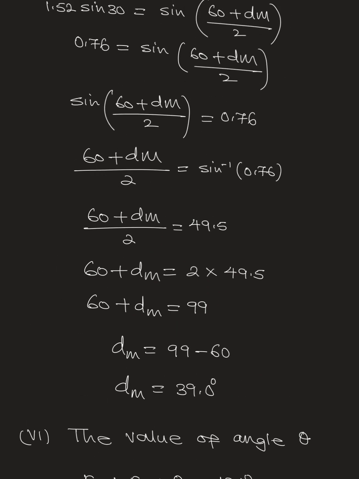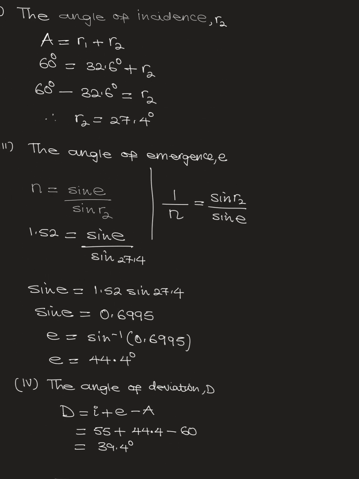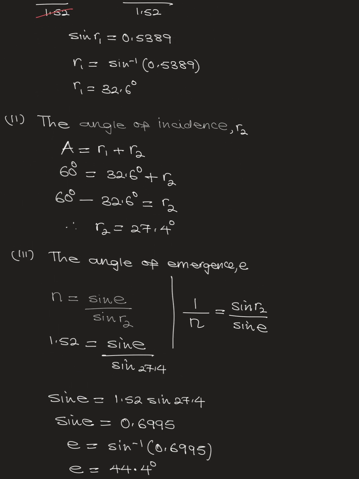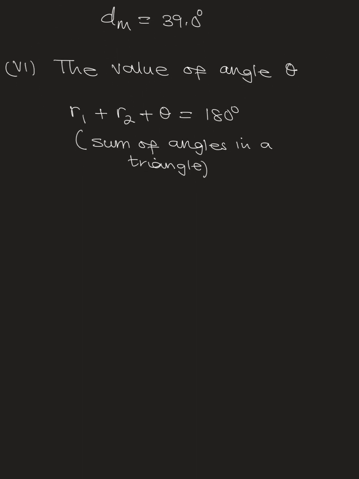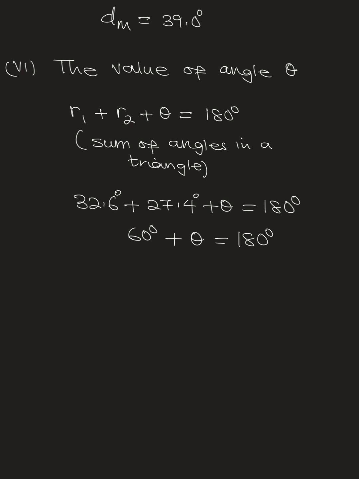So what is R1? R1 is 32.6 and R2 is 27.4. 32.6 plus 27.4 plus theta is equal to 180 degrees. 32.6 plus 27.4 is 60 degrees plus theta is equal to 180 degrees.